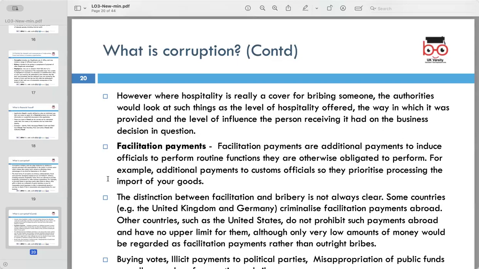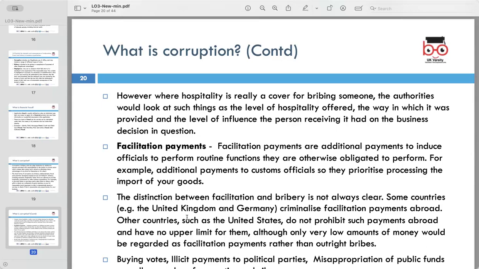Corruption extends beyond bribery and may involve illicit activities such as buying votes or misappropriating public funds. The prevalence of corruption poses significant challenges globally, impacting businesses and economies alike.